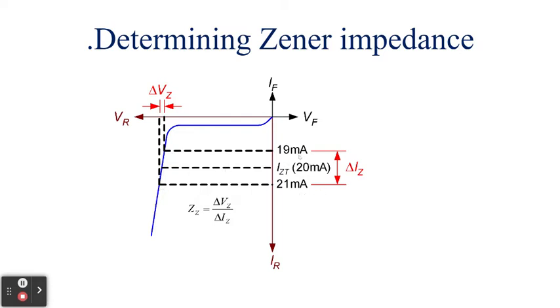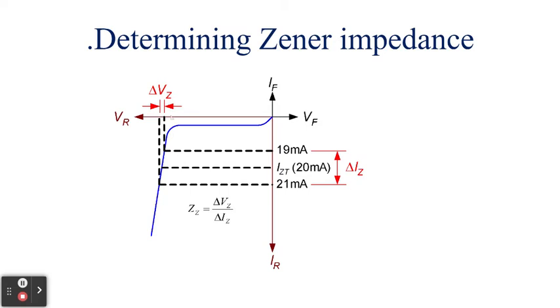If you take the difference between 21 and 19 by subtracting 21 minus 19, that will represent our change in IZ, or delta IZ. And if you also consider the change in the VZ, this is represented here. From this point, we may have a small value of VZ and a little higher value of VZ here.